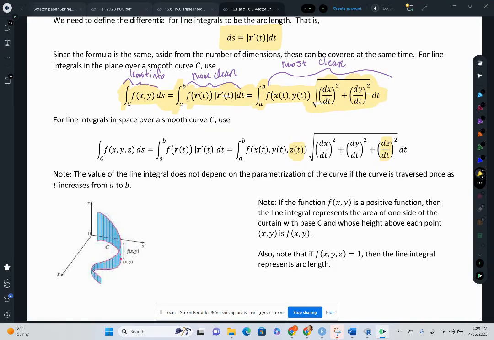If our function f of x, y is a positive function, then the line integral represents the area of one side of the curtain with base C, whose height above each point x, y is f of x, y. So in other words, just one side here. I wouldn't get the other side. It would only be one side, one or the other.